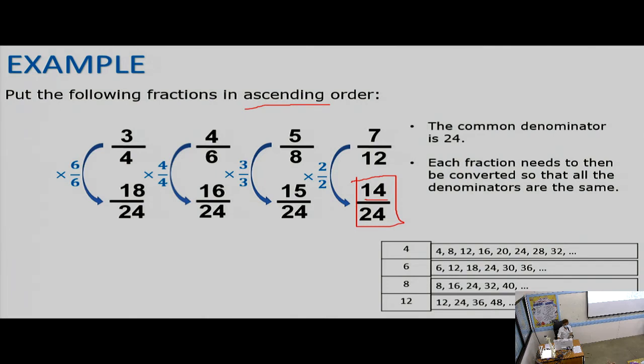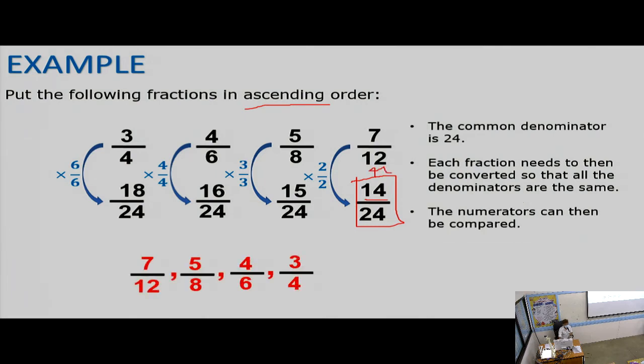So if we arrange that, that would be 7 over 12, since 14 over 24 is 7 over 12. Next is 15 over 24, which is 5 over 8. Next is 4 over 6, which is 16 over 24. And we have 3 over 4, which is the last one. So this is in ascending order.